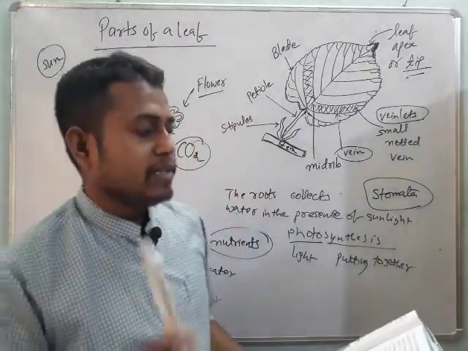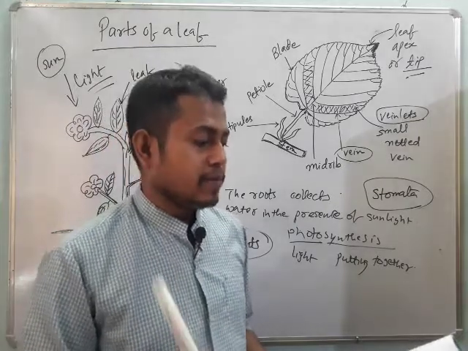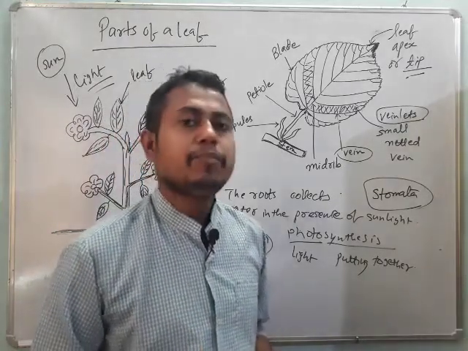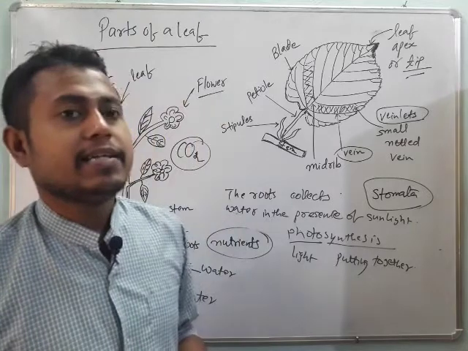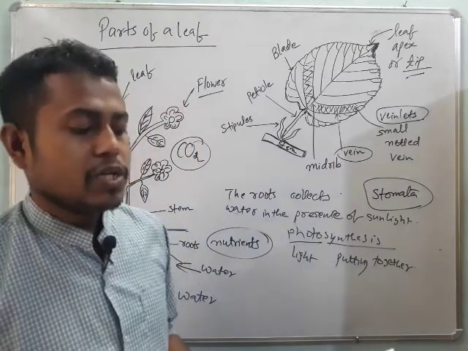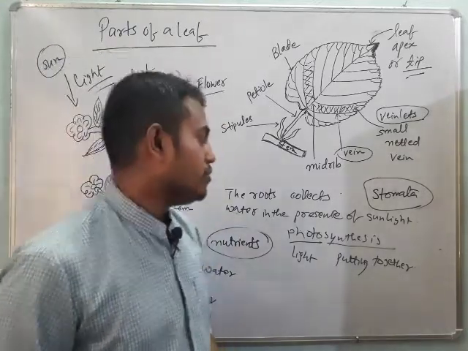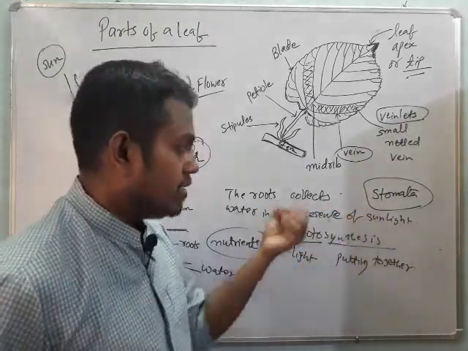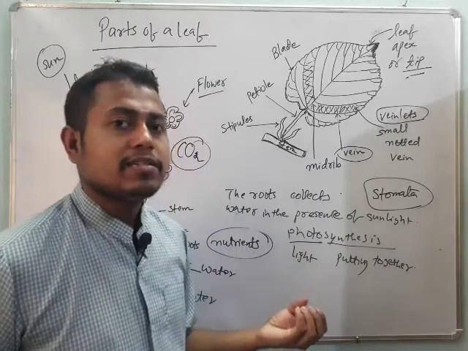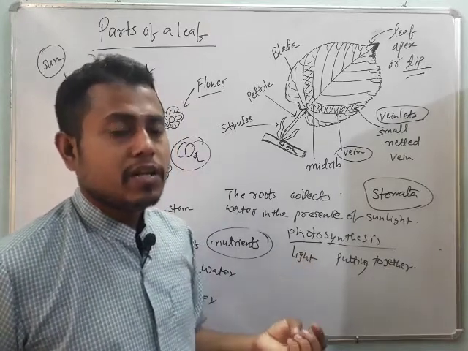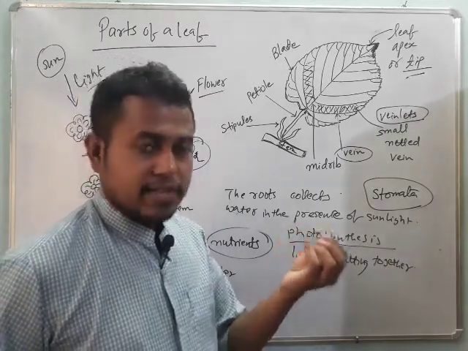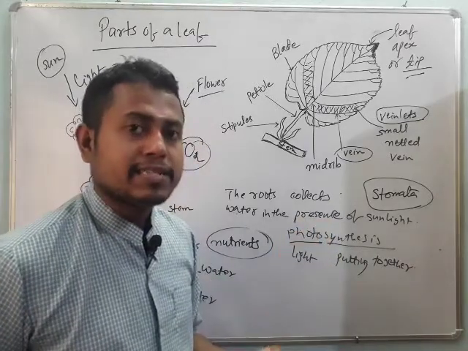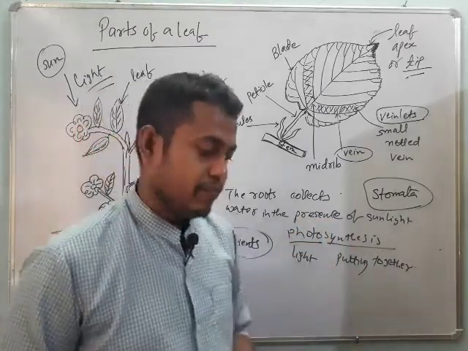First point, green leaves make their own food in the plant. Leaves help a plant to breathe air in and air out through stomata. I said because of this stomata, the leaves, or you can say the plants, they receive carbon dioxide and they release oxygen.